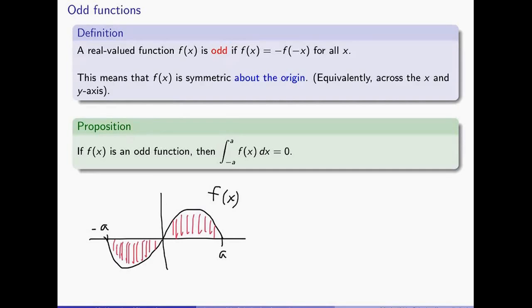The reason I say symmetric about the origin is that if I take any point here, suppose this is x, so this is f of x, and reflect it across the origin, then this is negative x, and this is negative f of x. That's the type of symmetry we get.